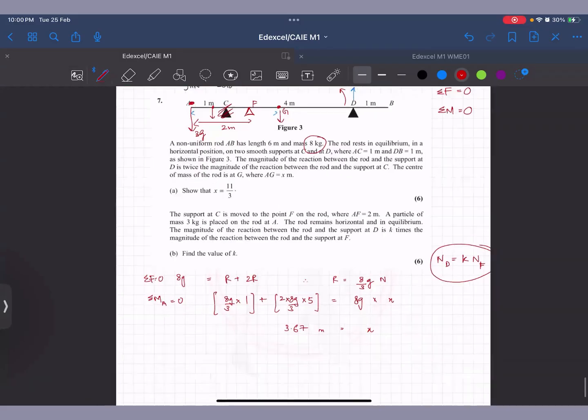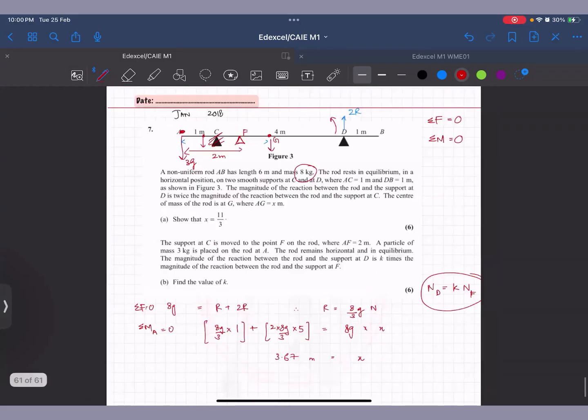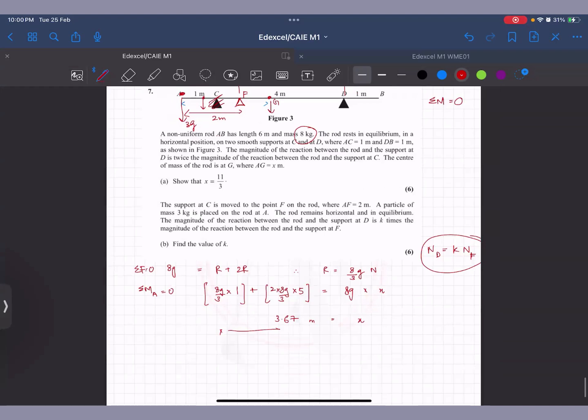So again, first of all, you would have to find the reaction forces. We don't know the reaction forces now. So reaction force at D and reaction force at F. First of all, this is again in equilibrium, so the sum of forces would be 0.